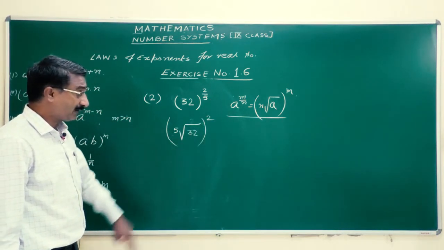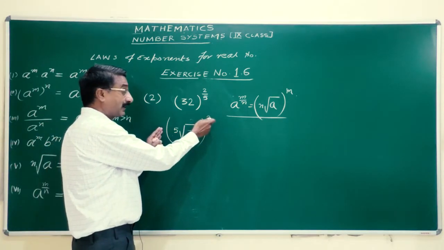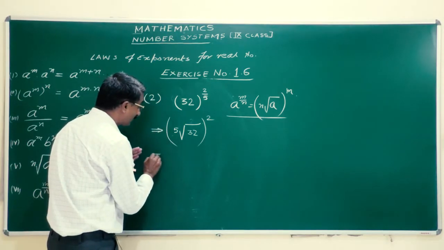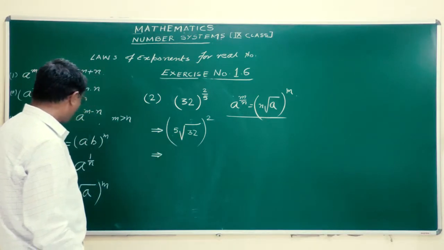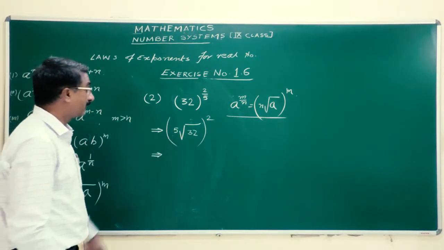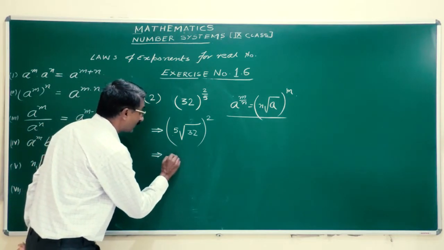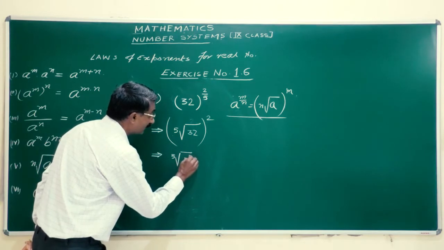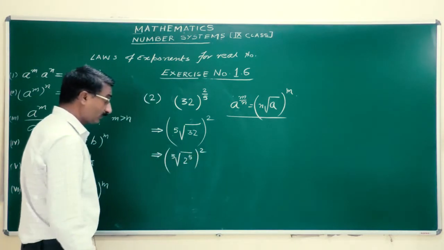Now, it is very simple. You should not go for this whole square. We have to solve the question step by step. So, first step, convert this by using the identity in this form. Then solve only this much. So, this is the fifth root of 2 raised to the power 5, whole raised to the power 2.